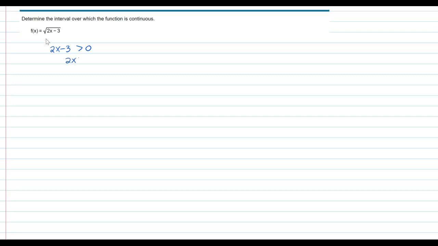So you have 2x greater than or equal to 3, divide both sides by 2, x is greater than or equal to 3 halves. And then if you write that in interval notation, that will be 3 halves. There should be equality because that's not in the denominator. So it should be including 3 halves. So 3 halves to positive infinity. That is in interval notation.